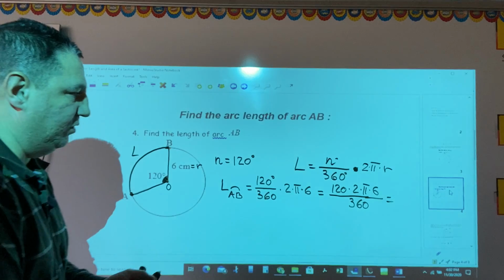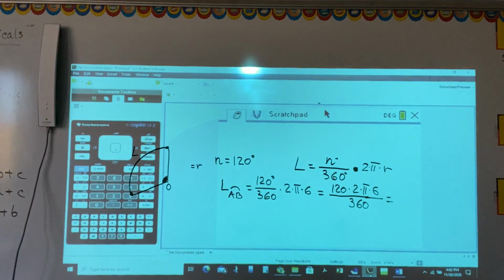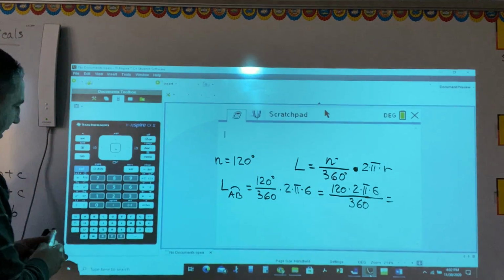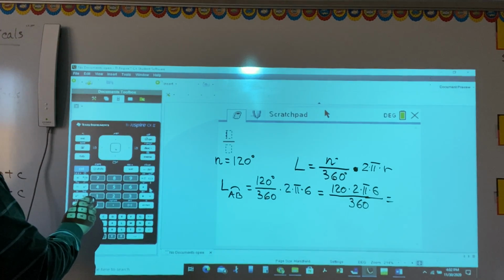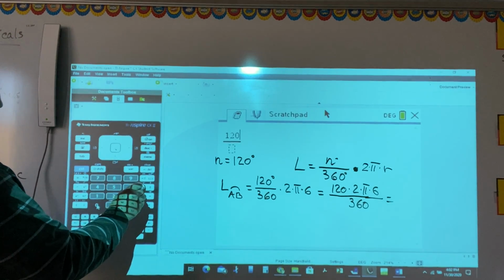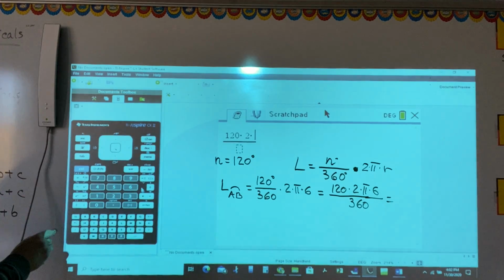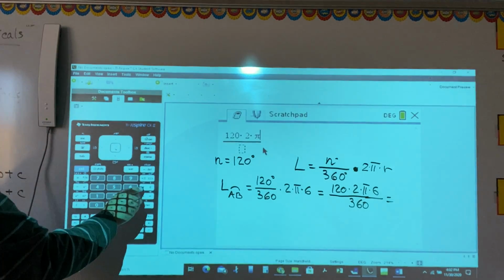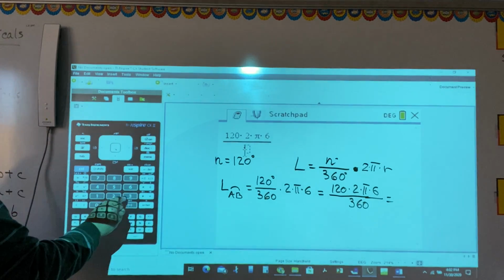So let's use the calculator to estimate this fraction. Again, we press Control and divide. On top, you type 120 times 2 times, here is the button for pi, you select pi, times 6, in the bottom 360.